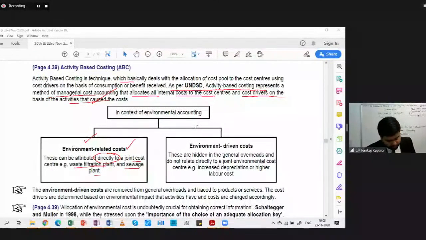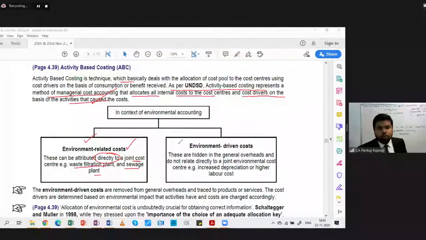So that's why we consider the packing cost as an environment related cost. You need to see the nature of the business or the industry for which you are doing the cost consultation. If it is pharma, the powder or the basic salt which they use needs to be carried in specific boxes. So that's why we consider it.